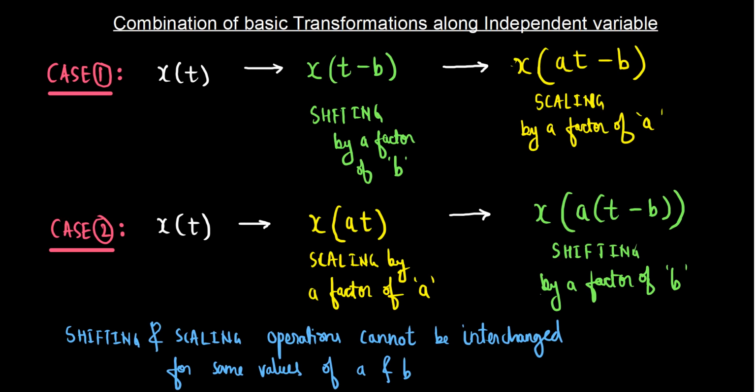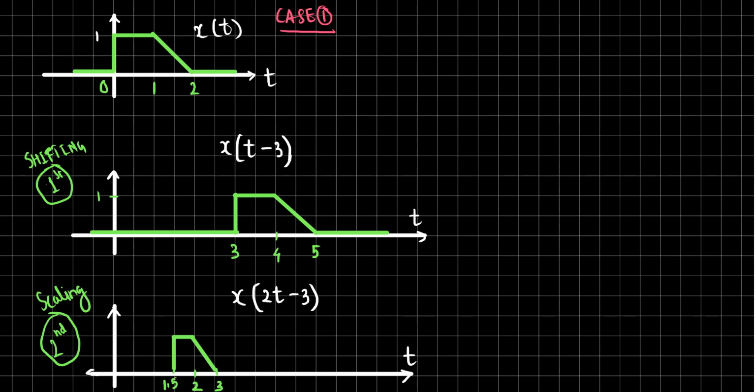You may see here in case 1 we have first shifted the signal followed by a scaling. So we got this resultant signal whose amplitude is again 1.